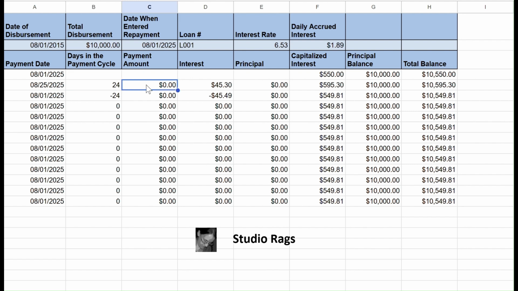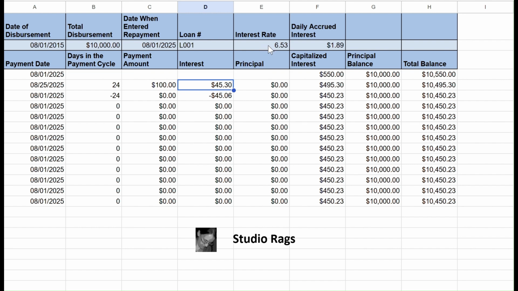Your payment amount is how much money you can pay on the loan for this cycle. So we're going to keep nice round numbers and just say that you're going to pay $100. Okay. This interest amount is the total balance, so the $10,550, times the rate.